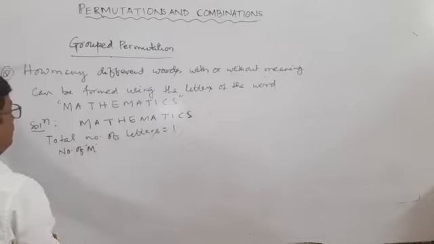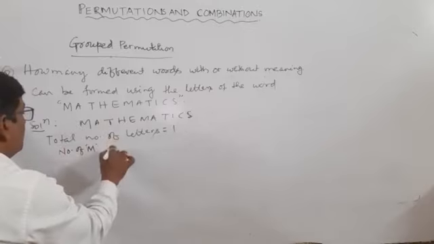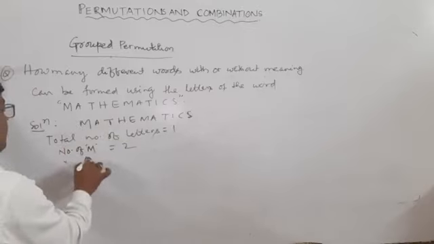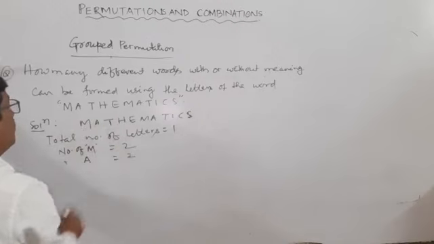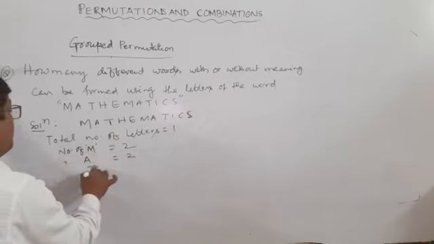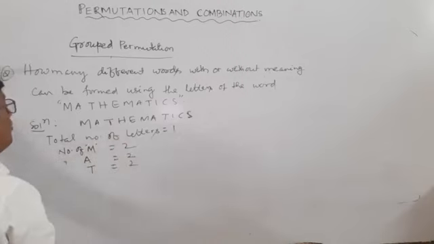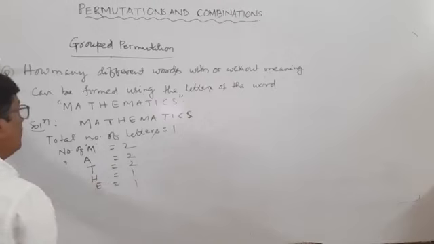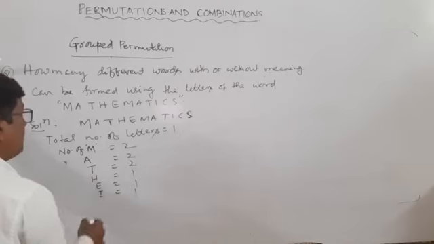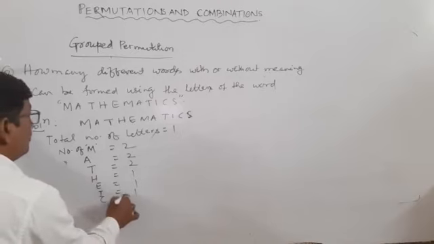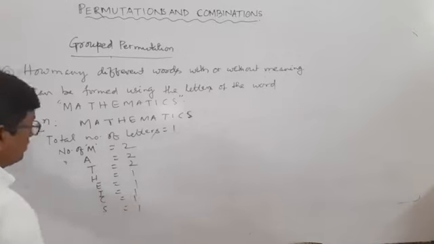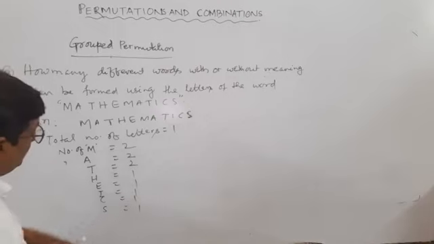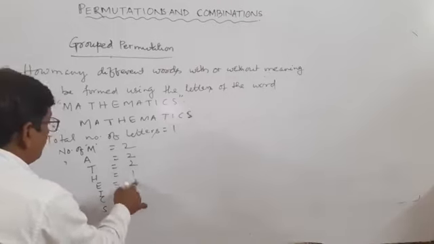Number of M is 2, number of A is 2, number of T is 2, number of H is 1, number of E is 1, number of I is 1, number of C is 1, number of S is 1. Total is 6 plus 5, 11.